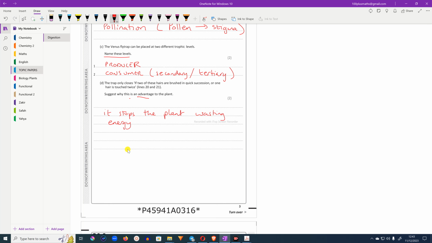It stops the plant wasting energy by closing unnecessarily or accidentally. Yeah, so then it's just wasting energy. It's of no benefit. Okay, so let's go down.